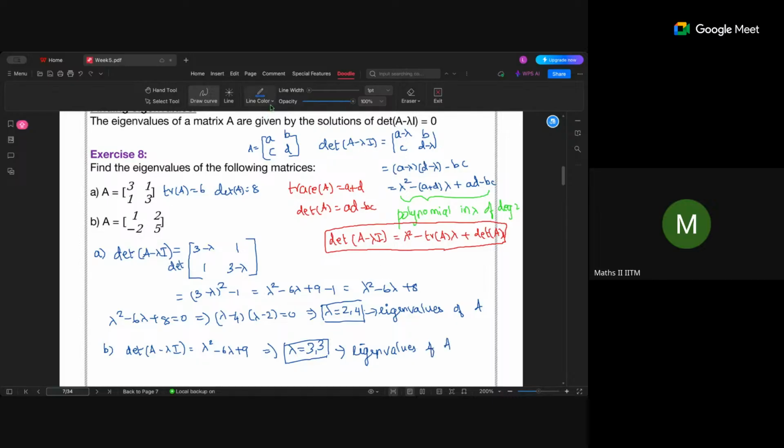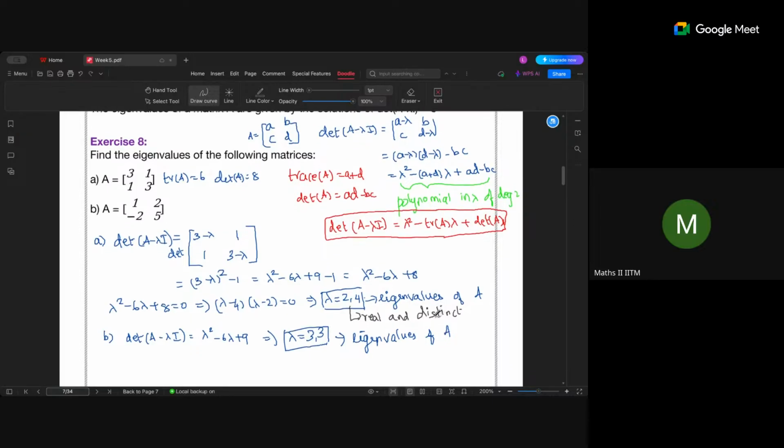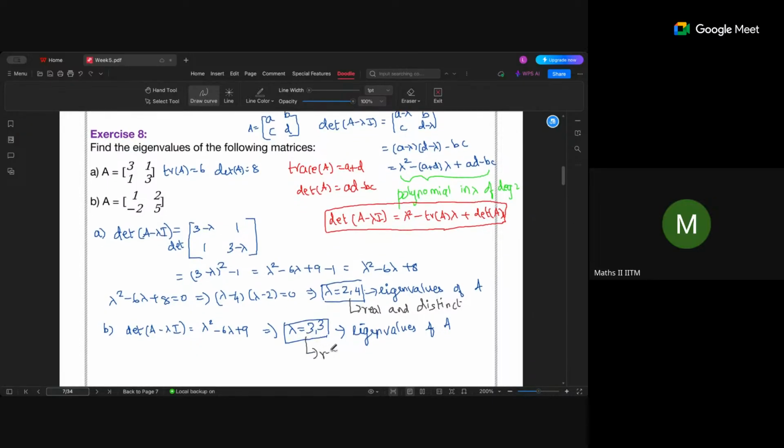Okay. So here you call these eigenvalues real and distinct. And these type of eigenvalues are called repeated eigenvalues.